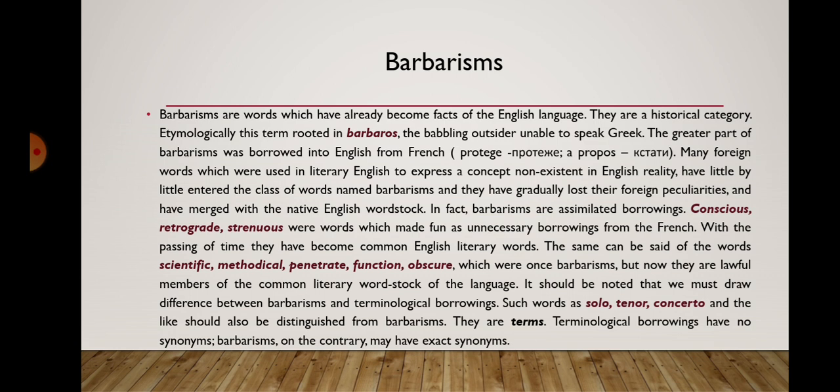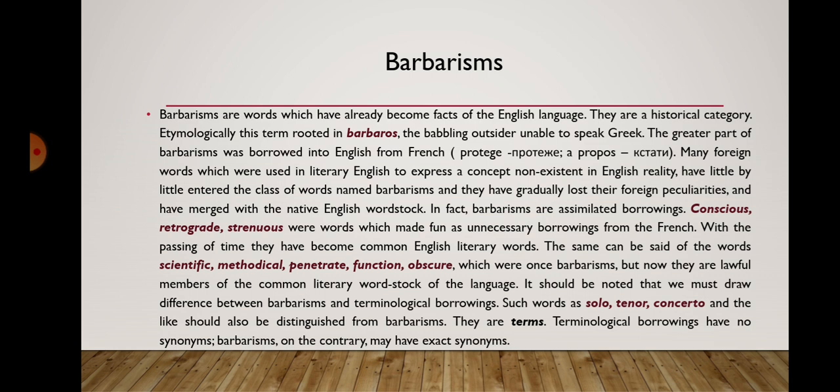The same can be said of the words scientific, methodical, penetrate, function, obscure, which were once barbarisms, but now they are lawful members of the common literary word stock of the language. It should be noted that we must draw a difference between barbarisms and terminological borrowings.